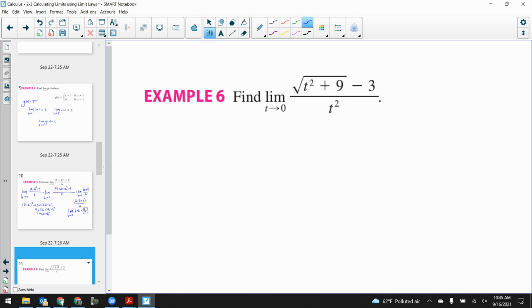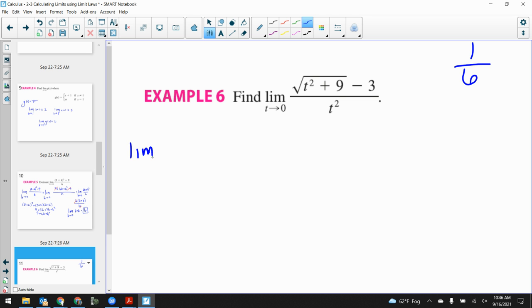All we could do was run the numbers, plug and chug, and say, oh yeah, that's right, it comes out to 1/6. So from our observations last section, we know that this comes out to be 1/6. But algebraically, why? That's what we're going to look at right now.